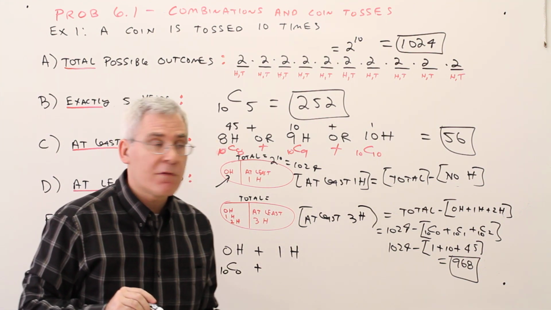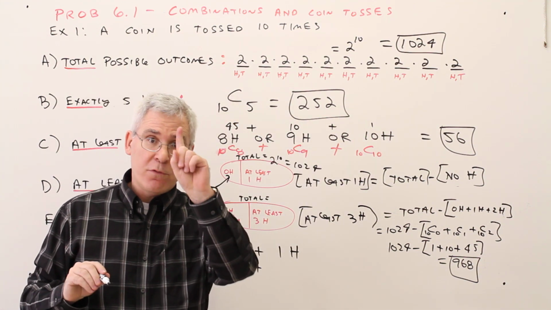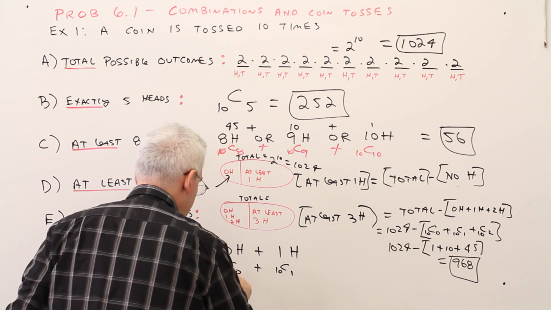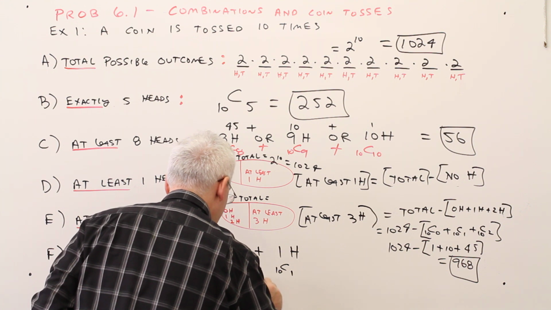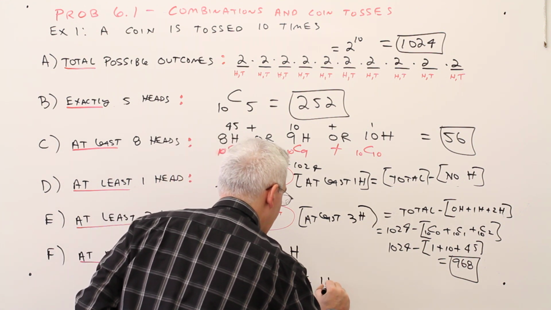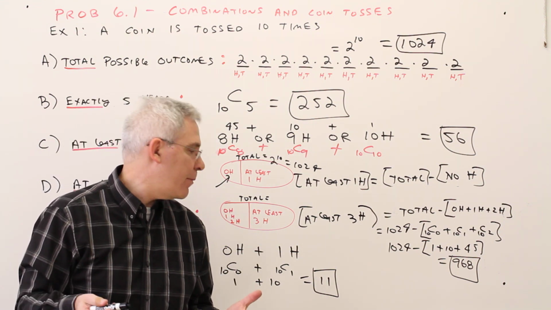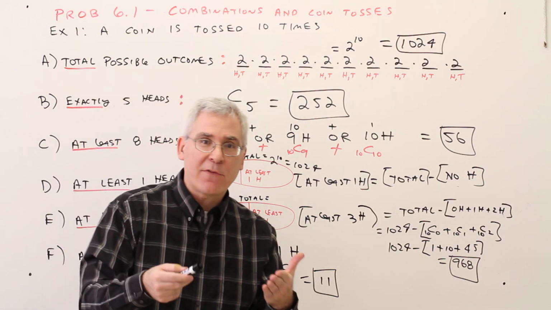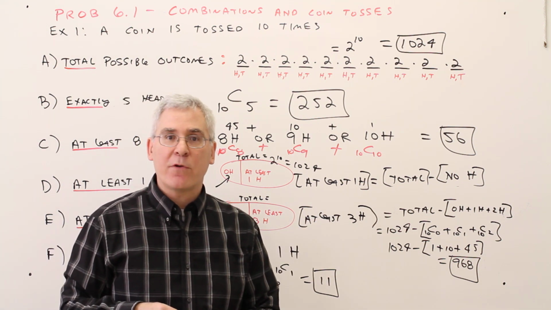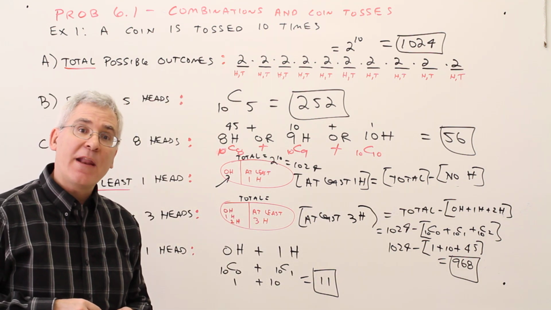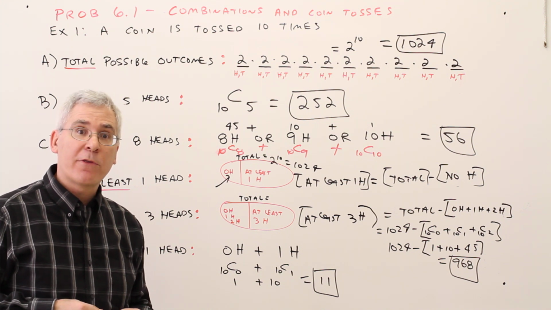For 1 head, out of the 10, choose 1 to be heads. So that's going to be 1 plus 10, and that would be 11. With combinations there's symmetry, as we learned in Pascal's triangle, so feel free to use whatever technique you want. So there you have it, how to use combinations in conjunction with coin tosses.